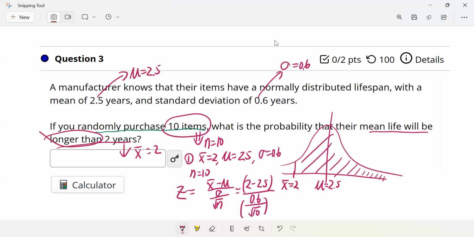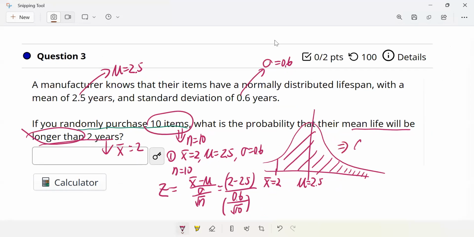Yes. So here the mean is 2.5, standard deviation, sample size is 10, and then we have the sample mean here. So you draw the bell curve, and then we figure out we want an area to the right. That's what we're looking for. So we use the z-score formula for the central limit theorem.